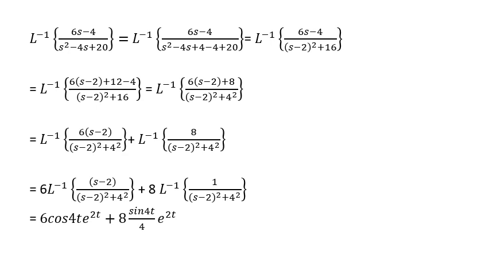Now instead of s minus 2, you have to apply the inverse shifting, so it becomes e raised to 2t. Now the second part, 8 is a constant. 1 by ((s minus 2) square plus 4 square) resembles sine 4t by 4. Now the s minus 2 term, apply the inverse shifting, you will get e raised to 2t.